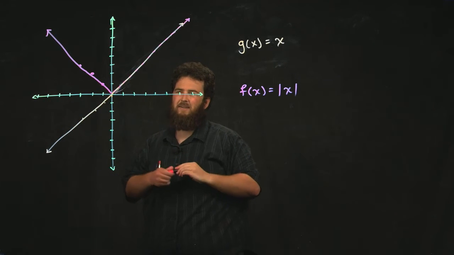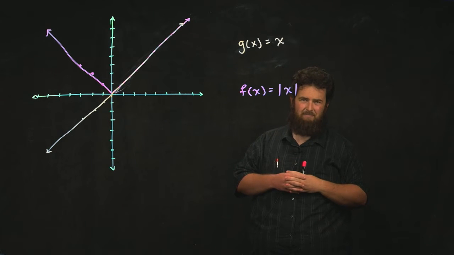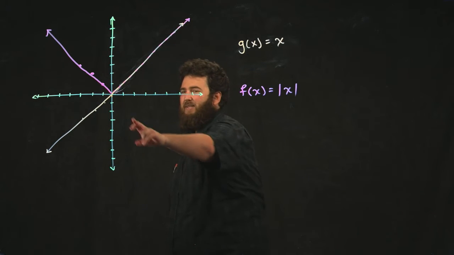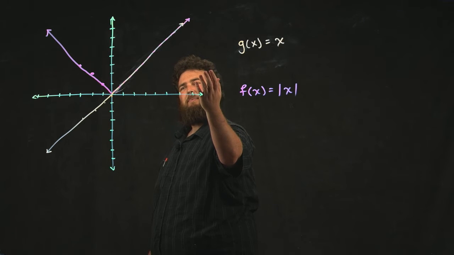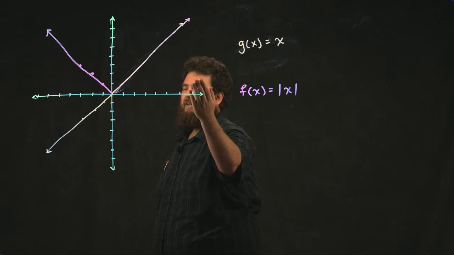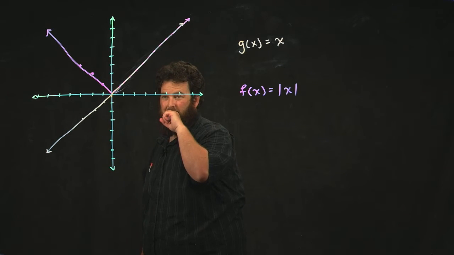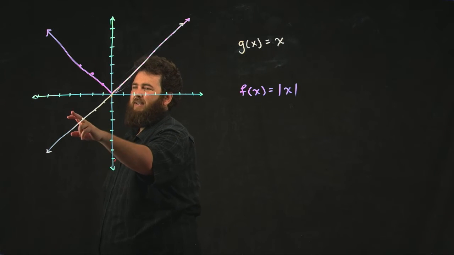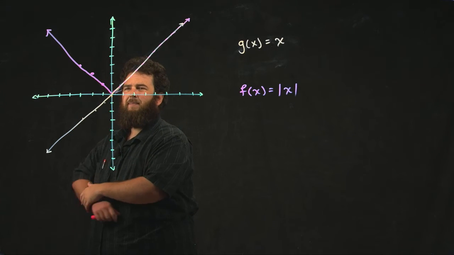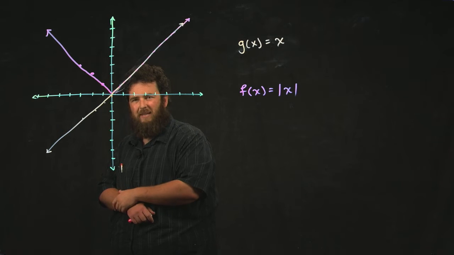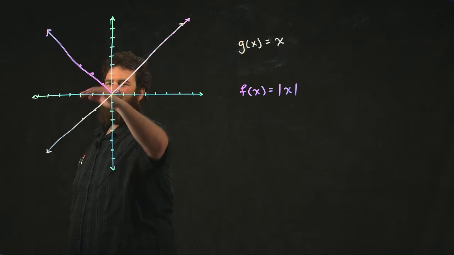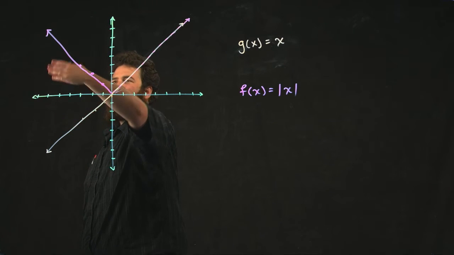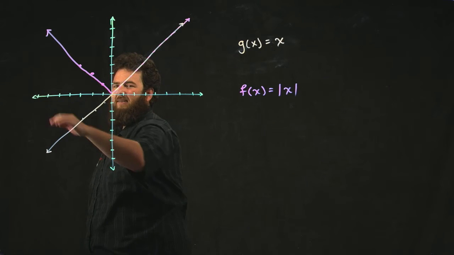You may notice now how these graphs are similar, right? They're the same when they're positive or non-negative, but they are quite different when they're on the left side of 0, huh? It appears to me that we actually just took this line and snapped it, reflected it over the x-axis right here, right?